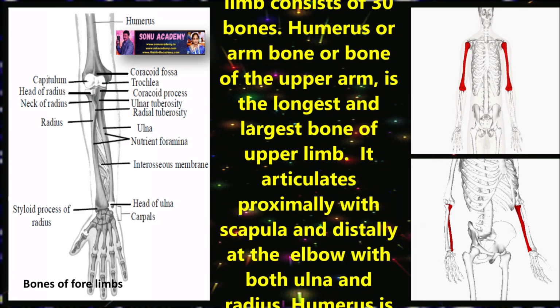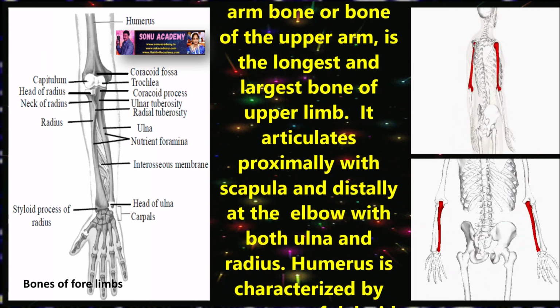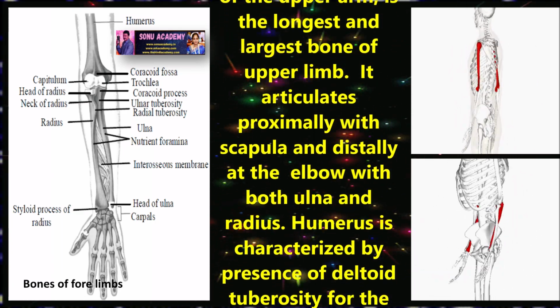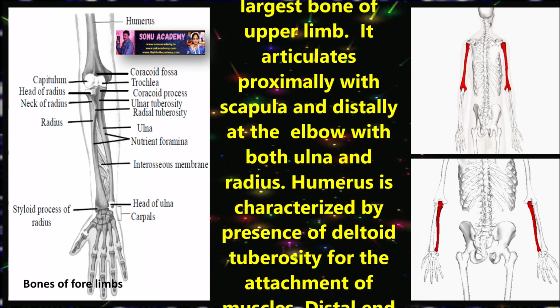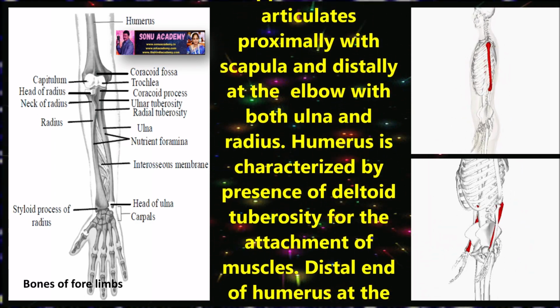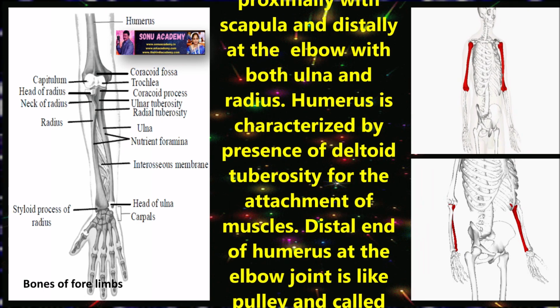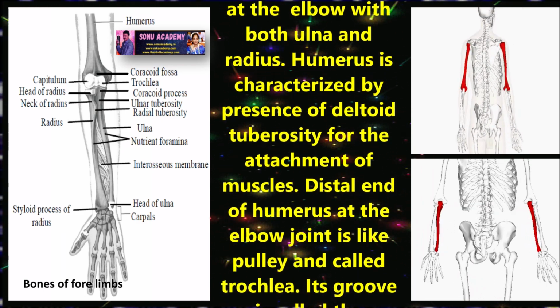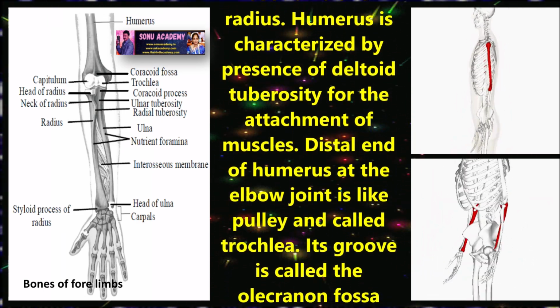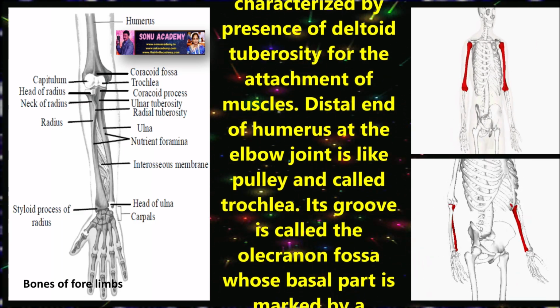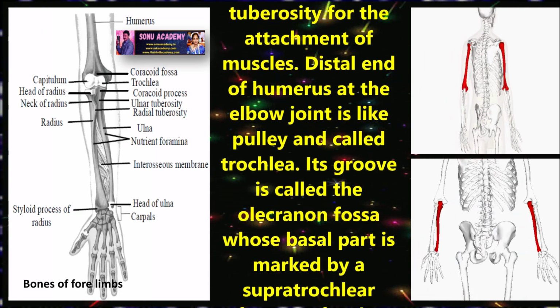The humerus, or bone of the upper arm, is the longest and largest bone of the upper limb. It articulates proximally with the scapula and distally at the elbow with the ulna and radius. Humerus is characterized by the presence of deltoid tuberosity for the attachment of muscles.